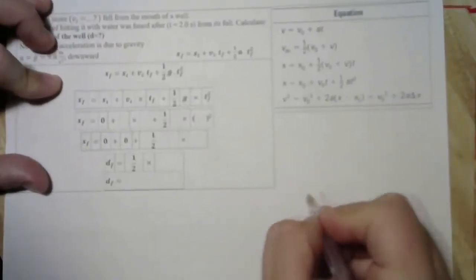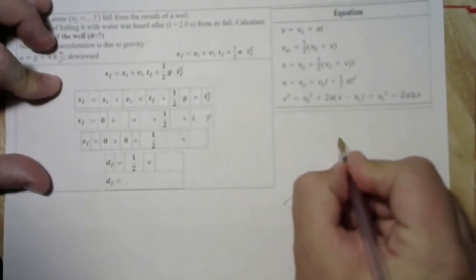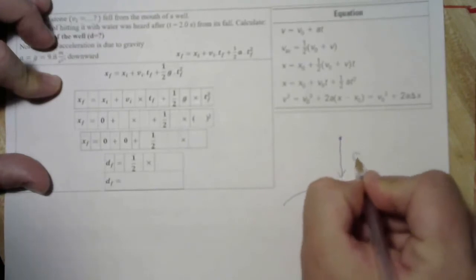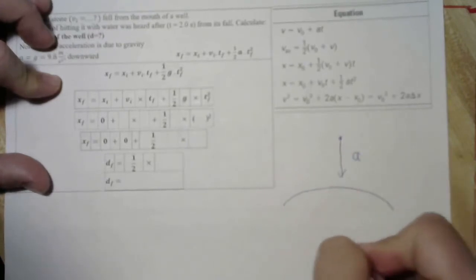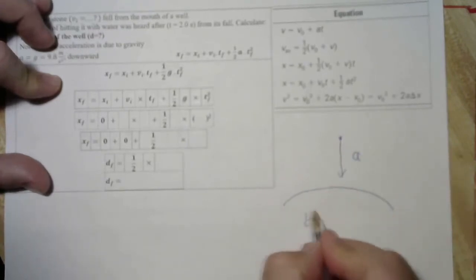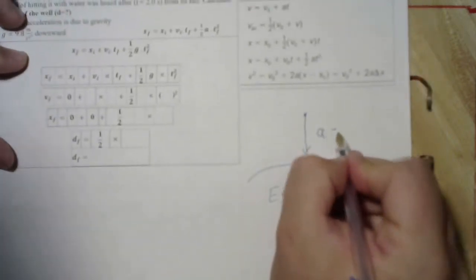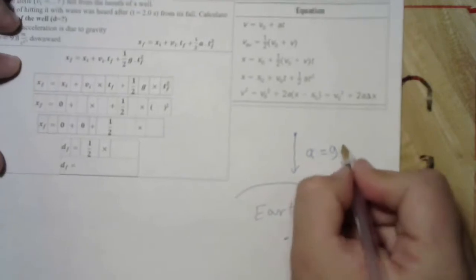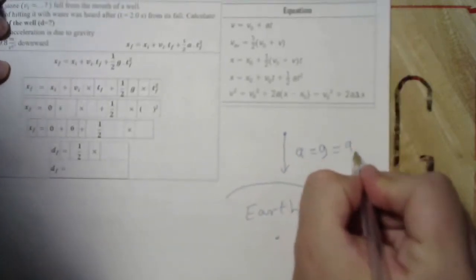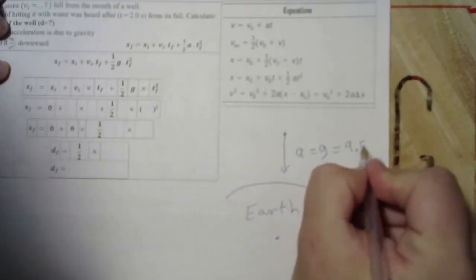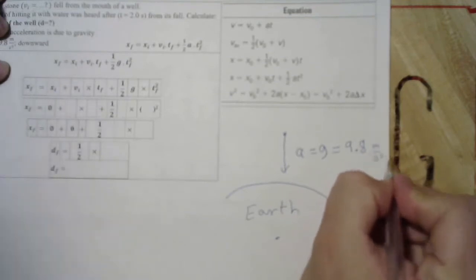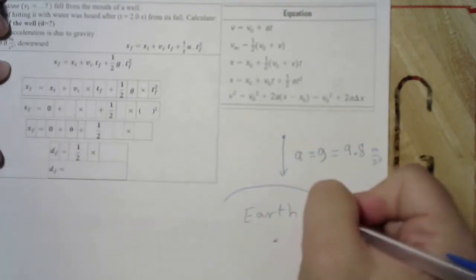for this is a free falling body, the acceleration of it is 9. The acceleration downward to the center of earth, if this is earth, the acceleration is equal to g due to gravity, which is equal to 9.8 meter per square second downward.